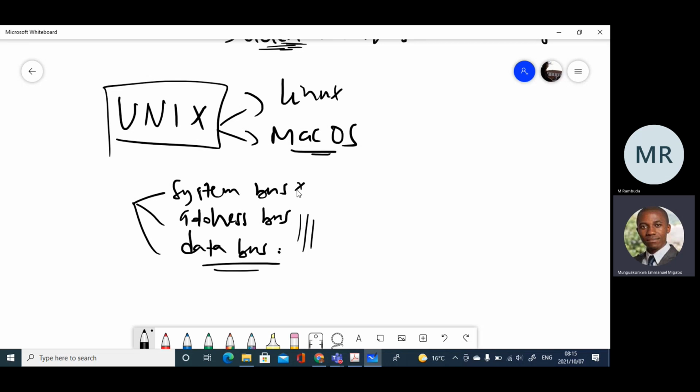And of course, the system bus is mostly used for control signals, such as interrupt signals. So the interrupt signals are a specific case of control signals. Okay, so I hope that is clear.